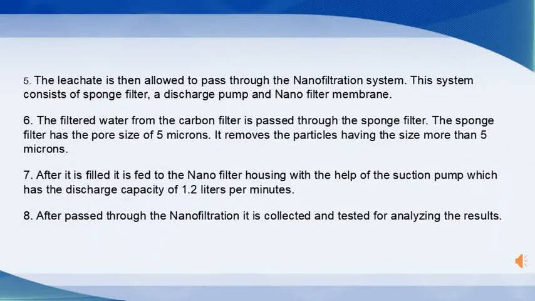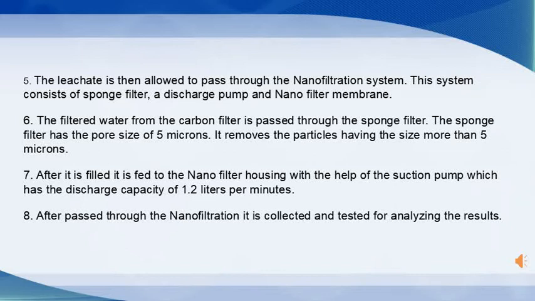The leachate is then allowed to pass through the nanofiltration system. This system consists of a sponge filter, a discharge pump, and a nanofilter membrane. The filtered water from the carbon filter is passed through the sponge filter. The sponge filter has a pore size of 5 microns.